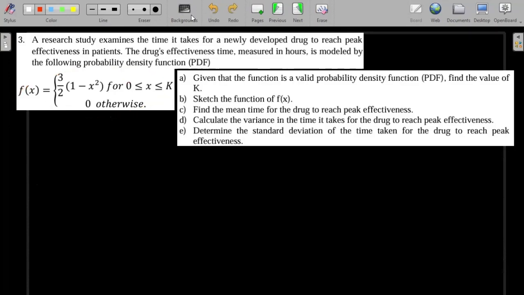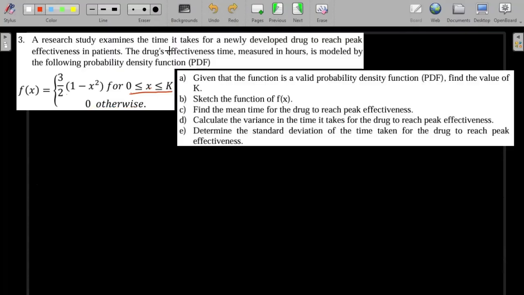The function is 3/2 times (1 minus x squared) for all the x values that are between 0 and k. If you pick a value outside this interval, your probability will just be 0. That's what this 0 otherwise means.